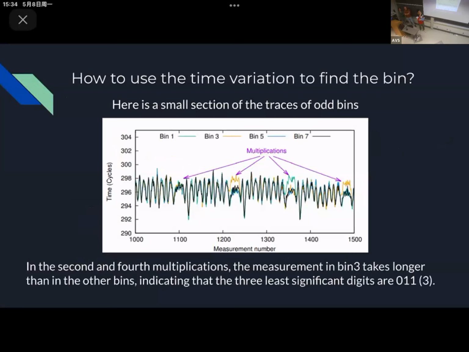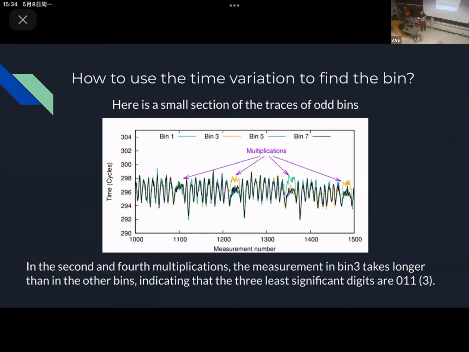So how can we use the time variation to find the bin? Here is a small section of the trace of all bins. We can see that in the second and fourth multiplications, the measurement in bin 3 takes longer than other bins.